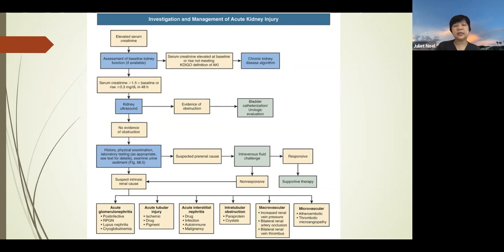If you're thinking of a pre-renal cause, then you might try IV fluid resuscitation. If it's responsive, continue with supportive treatment. If it's non-responsive, then you would think that if this is pre-renal, it already went into ATN, then you have to evaluate what it is, then manage accordingly.